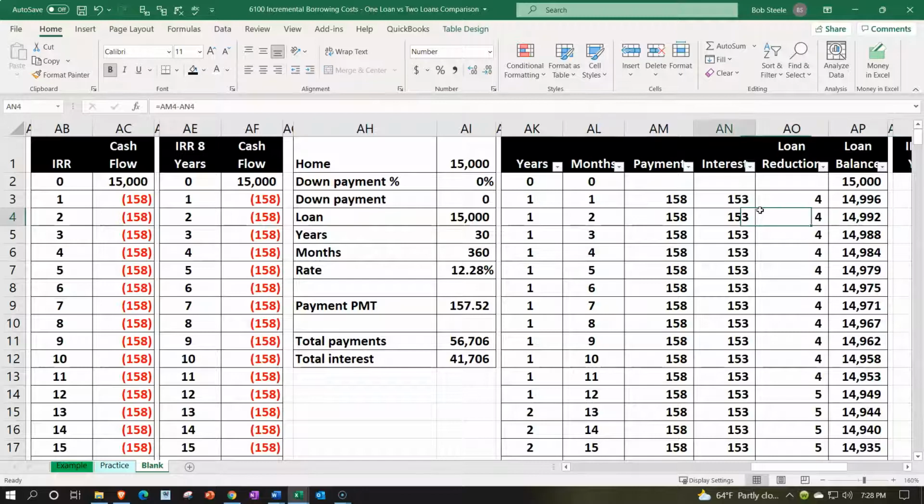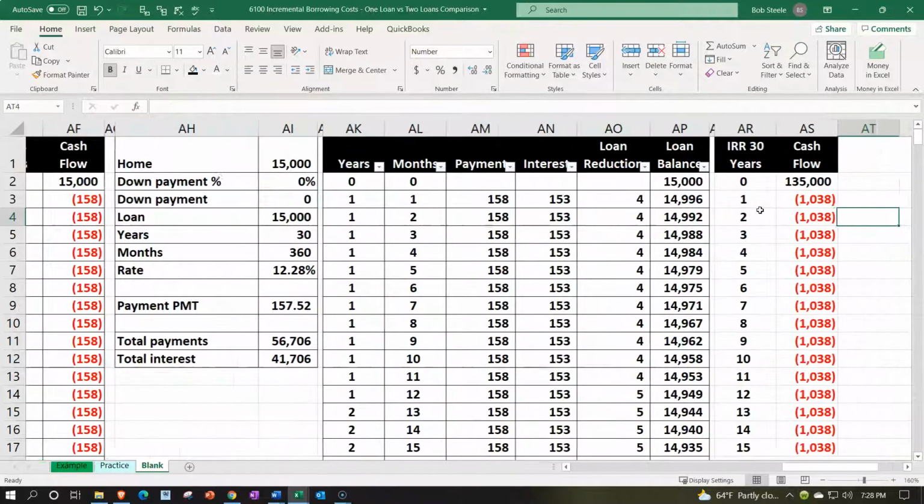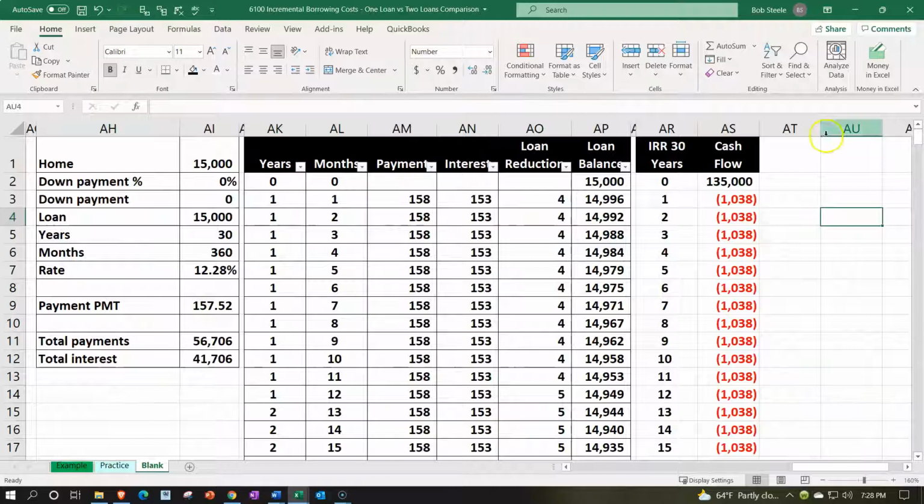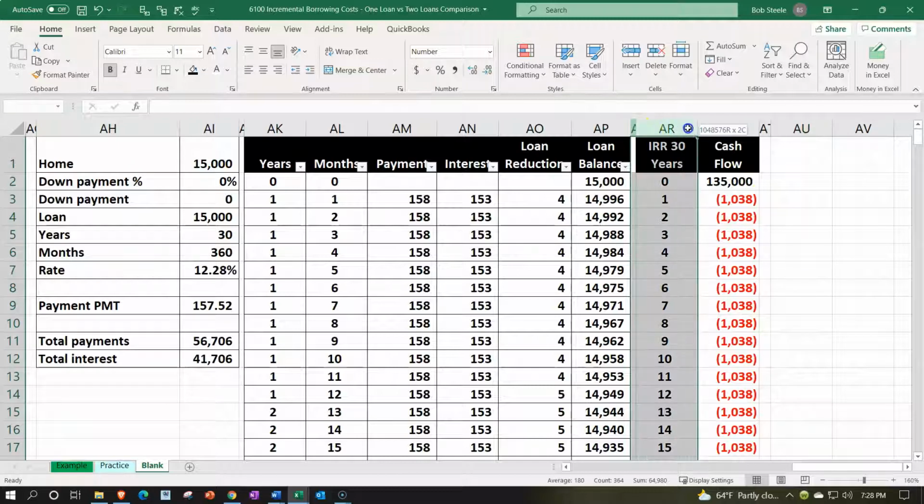So let's say we took out this second loan and we're going to close this thing out after the 8-year time frame. So we're going to say after 8 years, and we'll keep the rate where it is now, so it won't be exact because we're using the second rate, but let's do this. Copy the same thing. I'm going to copy from the skinny cell on over and put that here.